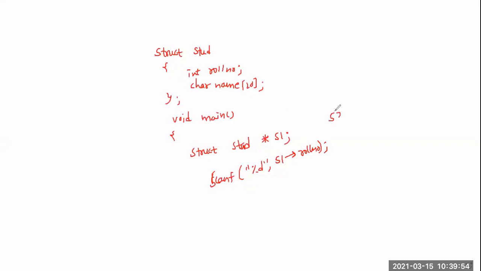If you created a normal structure variable, then scanf percentile d ampersand S1 dot roll number. Is that clear? These points you already know, right? Yes, sir. So this is a normal structure variable, and you can access these members by using this dot operator.